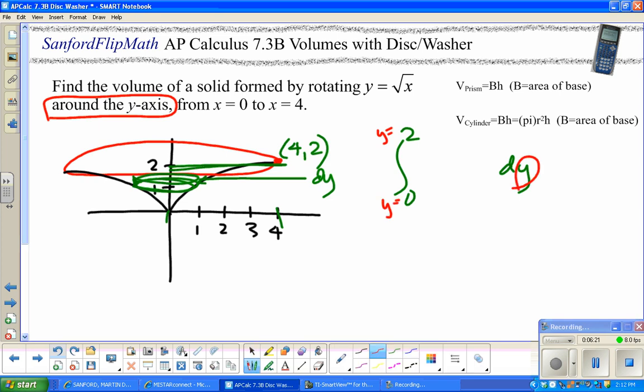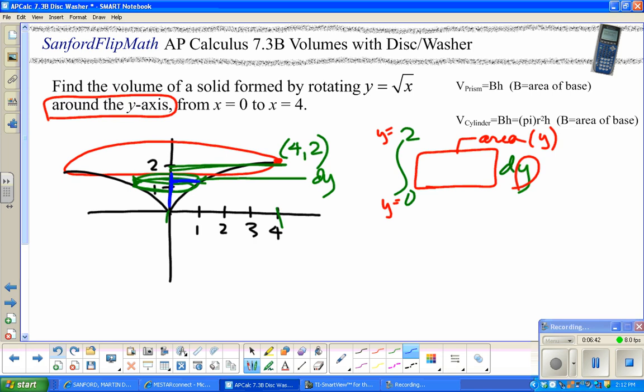And then when I go to this thing, this is still going to be an area, the cross-section area times the thickness of dy, but that area needs to be in terms of y. So it's a function of y. The next thing we're going to do is think about what's the radius.